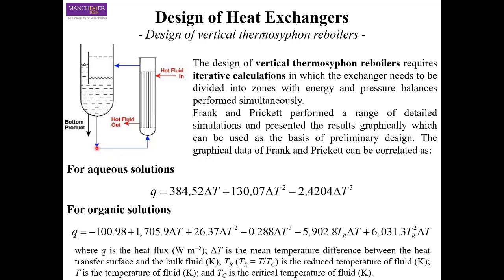Now you have to divide this system into different sections based on the pressure. For example, from here to here, what would be the pressure? And then from here to here, what would be the pressure? That complicates the situation even further, and then we have no option but to go for detailed simulation or software to analyze these complicated situations. So that is more or less all for the reboilers.